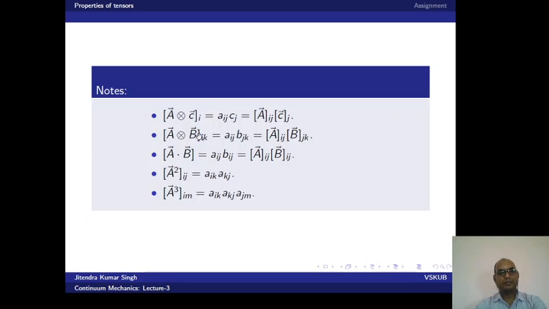So same, you replace B by A, so A into A is A squared. So A squared, its ij component is a_ik a_kj, and A cubed, its im component is a_ik a_kj a_jm. Because A cubed you can write as A into A into A, three times A, and you follow the same law, so you will get that.